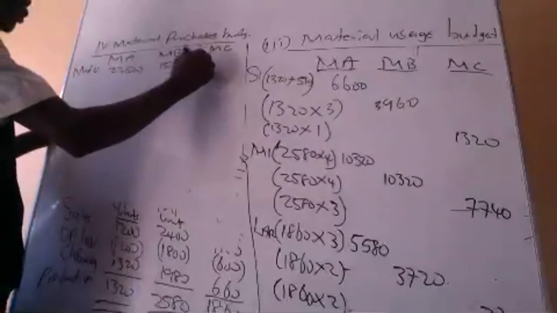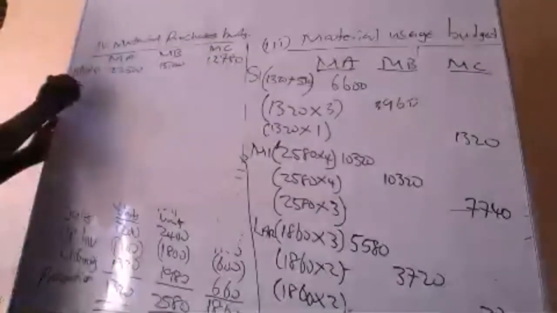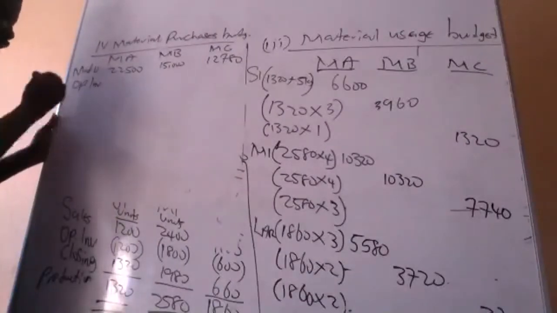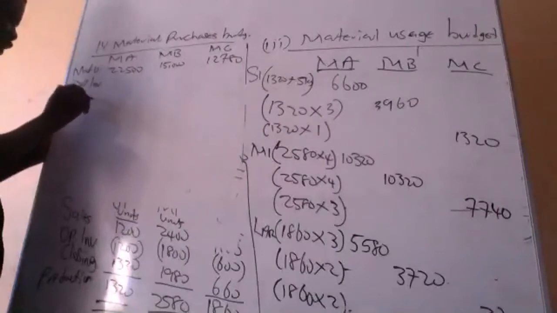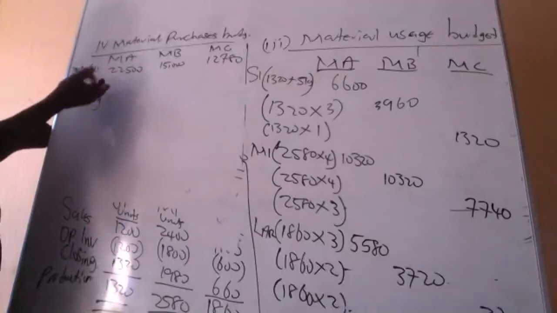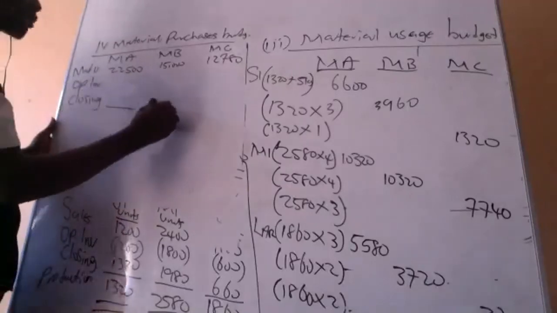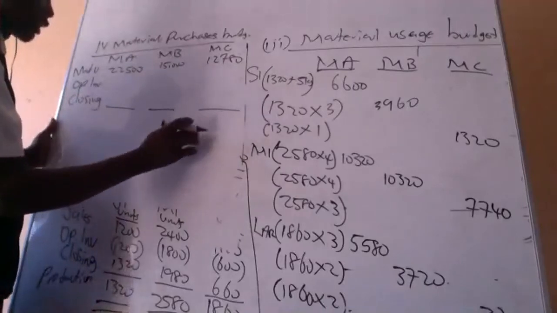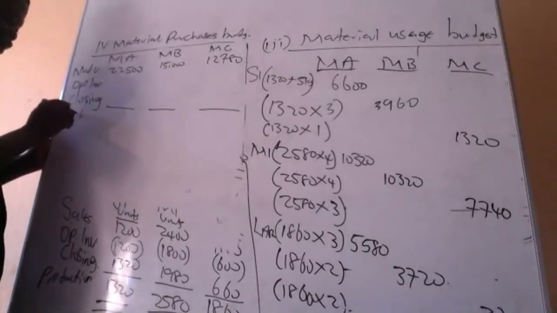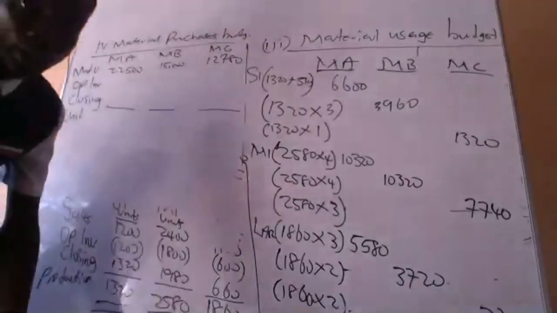Here it will be 12,780. Then as usual, you pick the open inventory of raw material and the closing inventory of raw material. So let's go and bring them. You subtract the open and add the closing, and you are done. That will give us the material purchases. Here it becomes material purchases in units. And we get the various material price or cost, and then we are done.